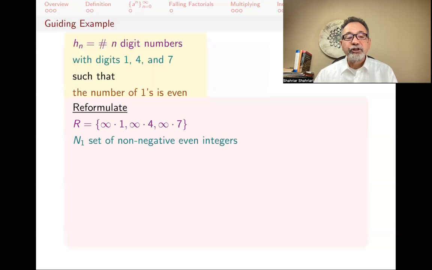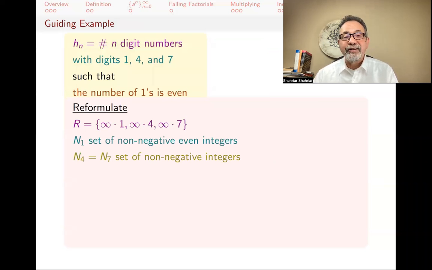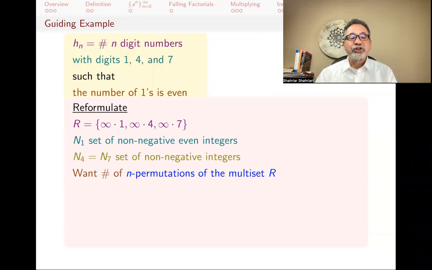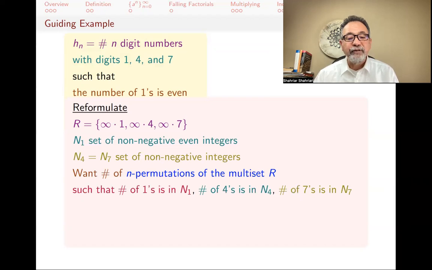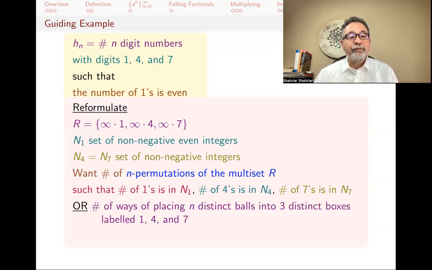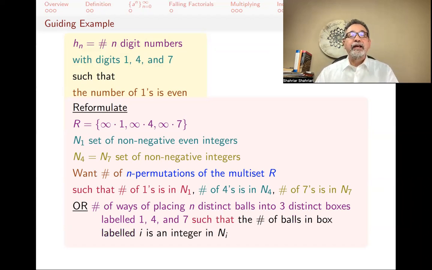So the reformulation was that n1 is the set of non-negative even integers, and n4 and n7 are sets of non-negative integers, and we want n-permutations of the multiset R, such that the number of ones is in n1, the number of fours is in n4, the number of sevens is in n7. And we said that that's the same as placing n distinct balls into three distinct boxes labeled 1, 4, and 7, but with the box labeled i getting a number of balls that is an integer in the set ni. So that's the thing that we wanted to do.